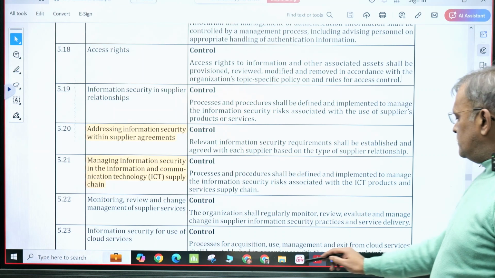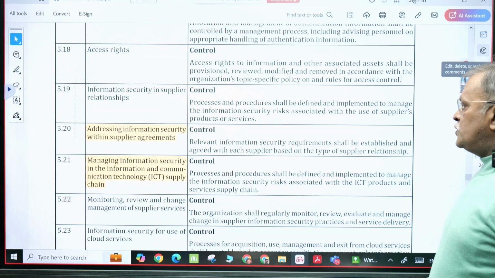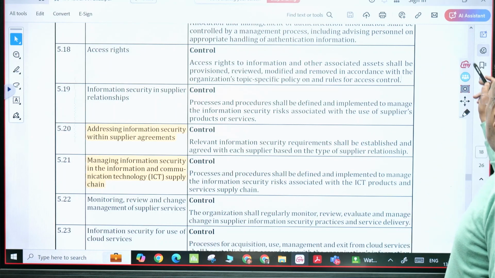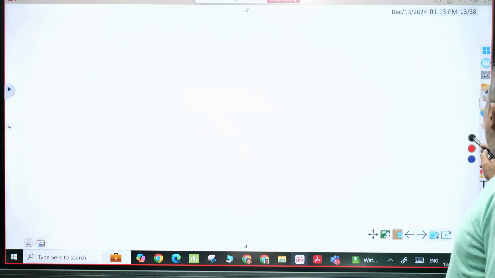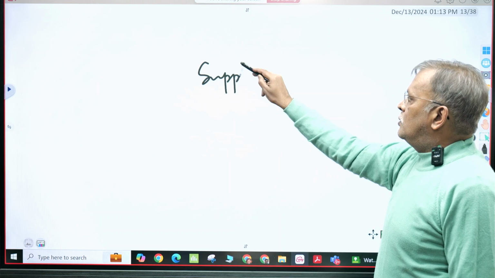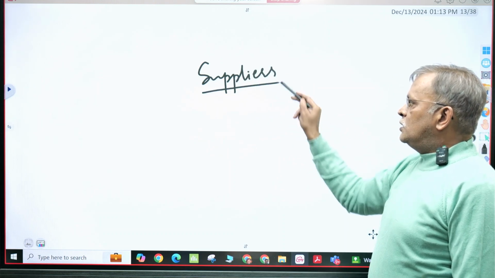Let's read this first. 5.19: Processes and procedures shall be defined and implemented to manage information security risk associated with use of supplier products and services. Organizations will deploy suppliers or external providers to be able to provide services to them.